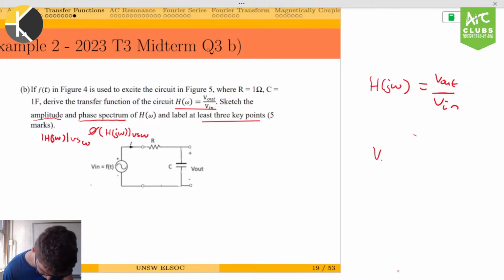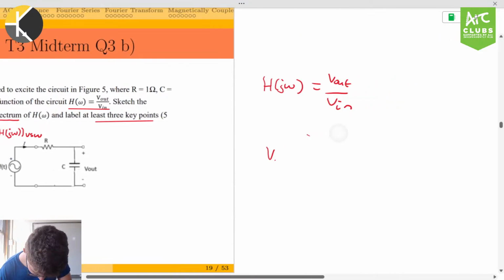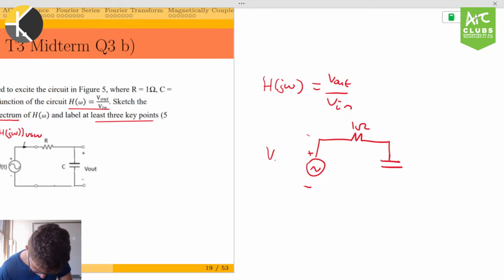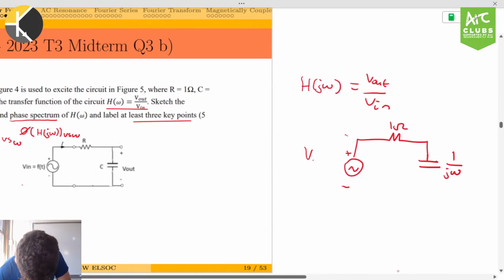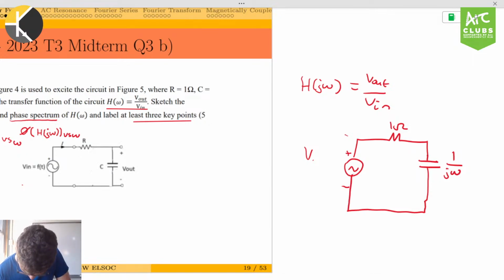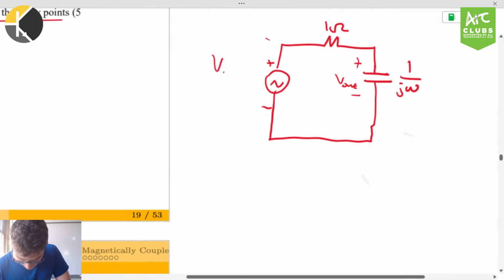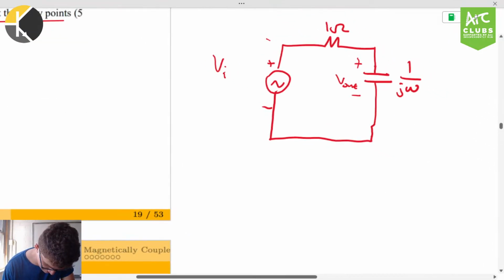We're going to rewrite our circuit first. Okay, plus minus, 1 ohm. Everyone remembers the formula for capacitors? 1 over j omega C, and C is 1 in this case, and we want to find V out. Okay, for our V out, we use the voltage divider.